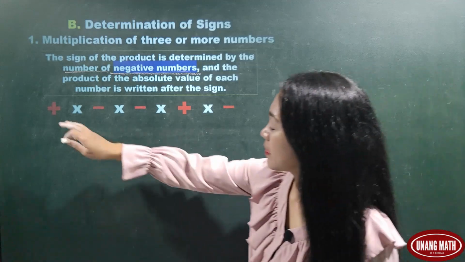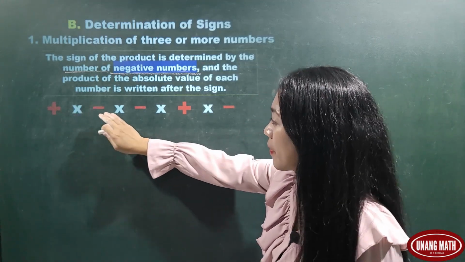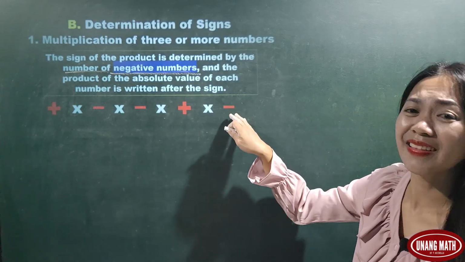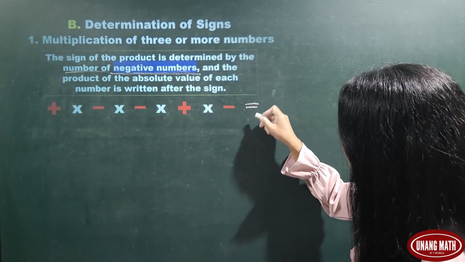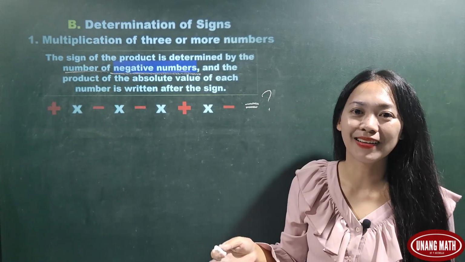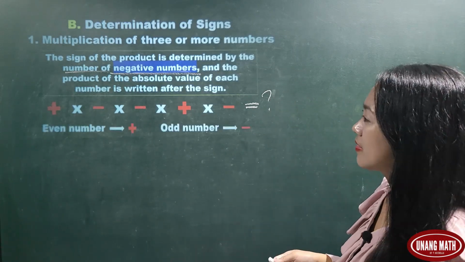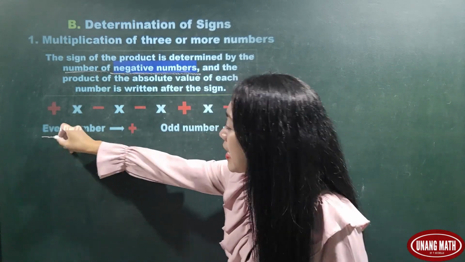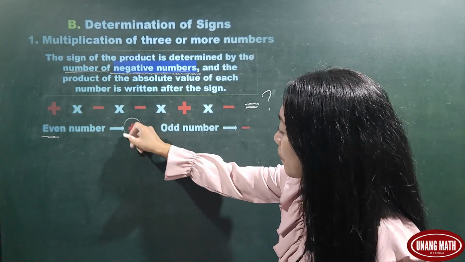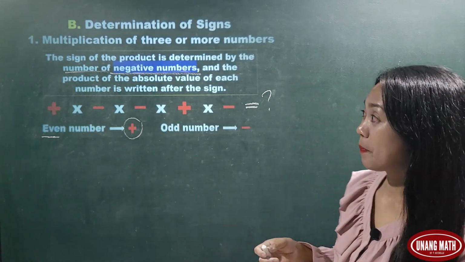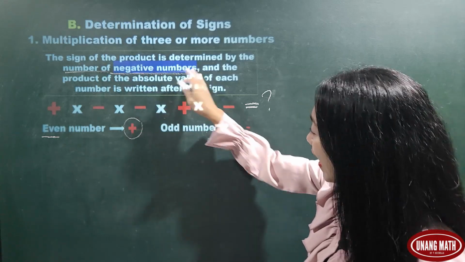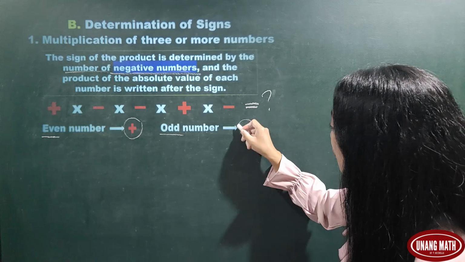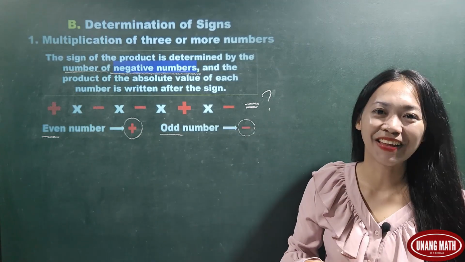Example, positive number times negative number times negative number times positive number times negative number. What will be the sign of the product? The rule is, if the number of negative numbers is an even number, the sign of the product is positive. But if the number of negative numbers is an odd number, the sign of the product is negative.